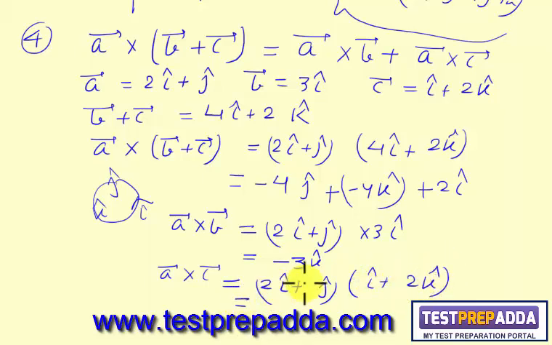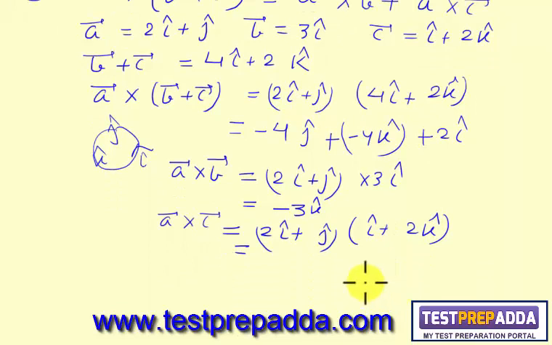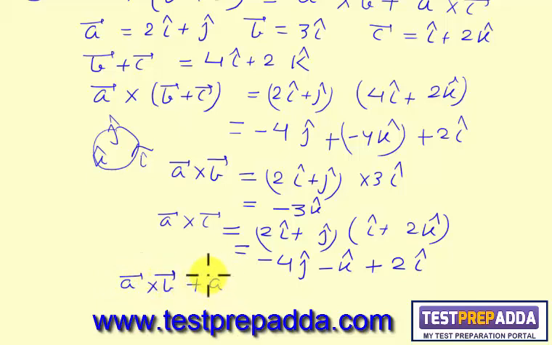If you multiply first, i cross i will become 0 and i cross k will be minus j cap. So it will be minus 4j cap. Now j cross i will be minus k cap. Now j cross k will give you this.